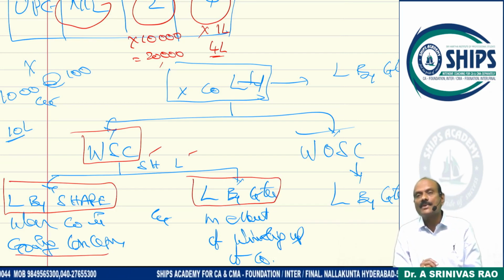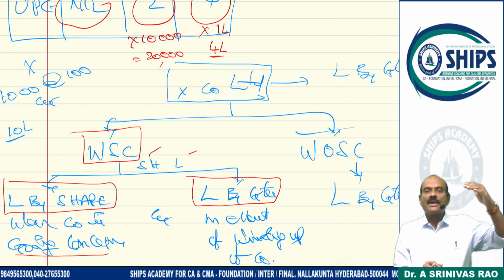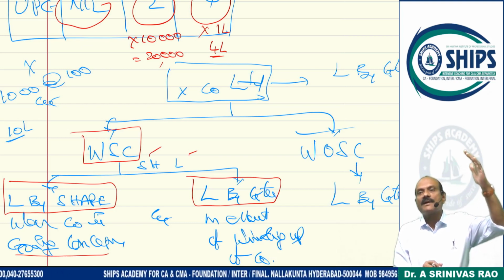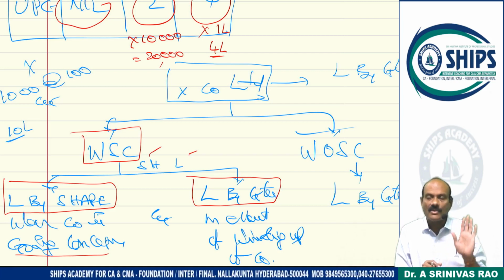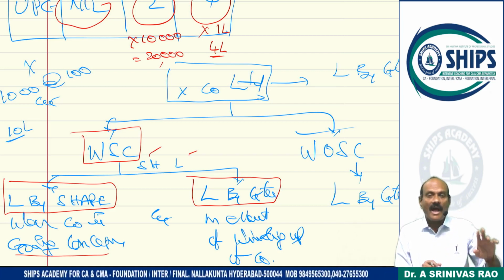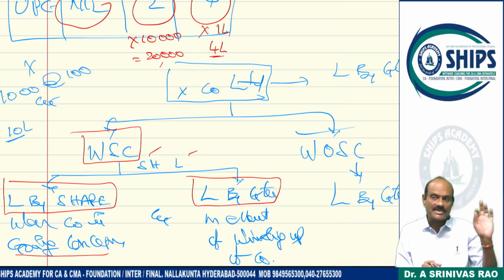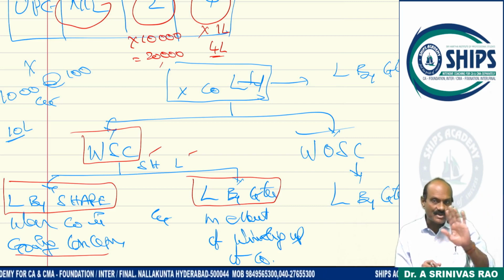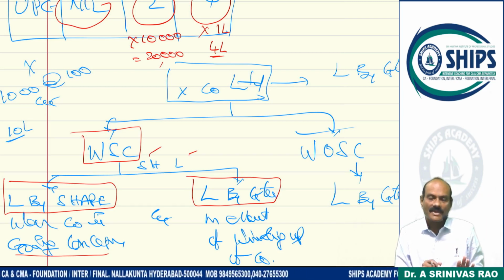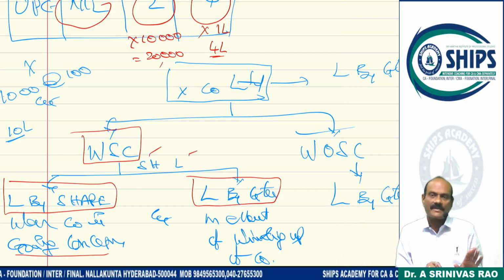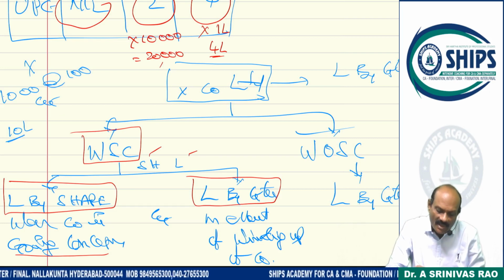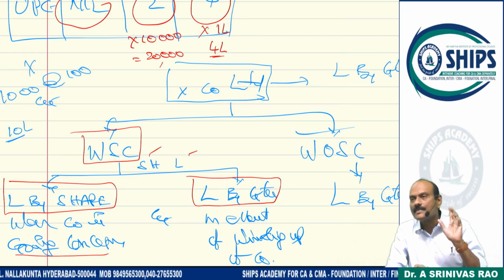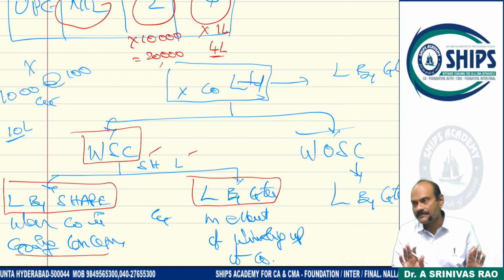What's the meaning of a going concern? The company is going on for an indefinite period of time. Then what is the shareholders' liability? Only limited by share. The unpaid balance on the shares held by him, he has to pay. That's it. The remaining guaranteed amount, he need not pay. The guaranteed amount he has to pay in the event of winding up. Until that, he need not.